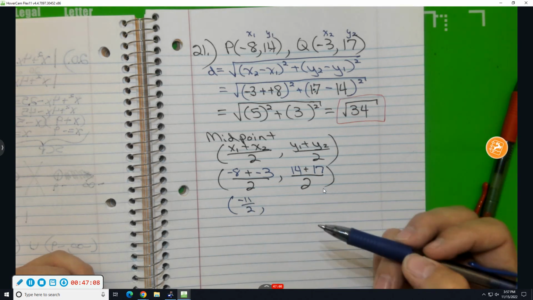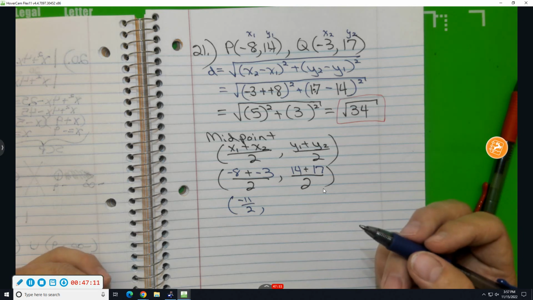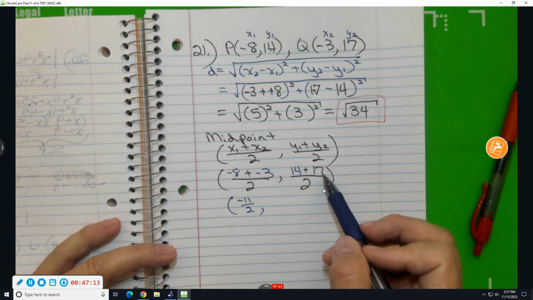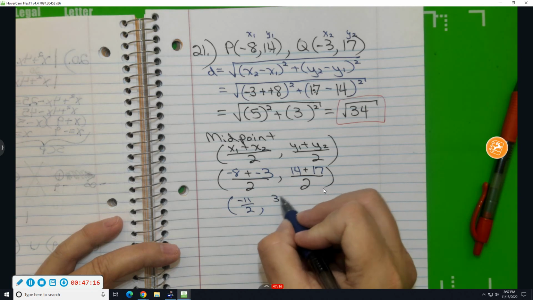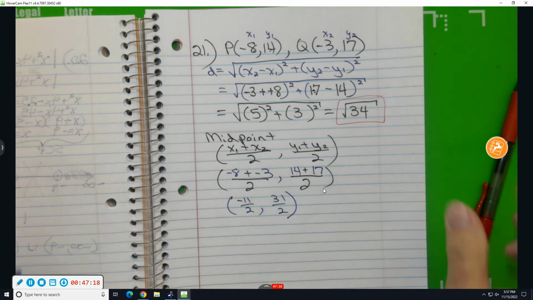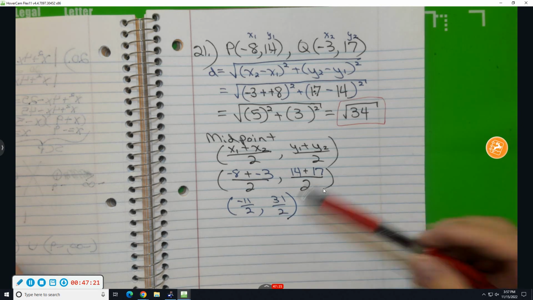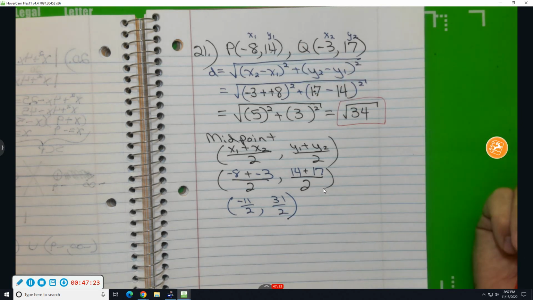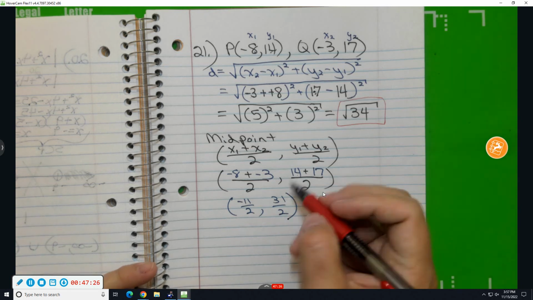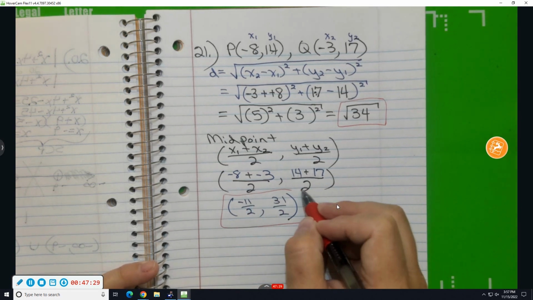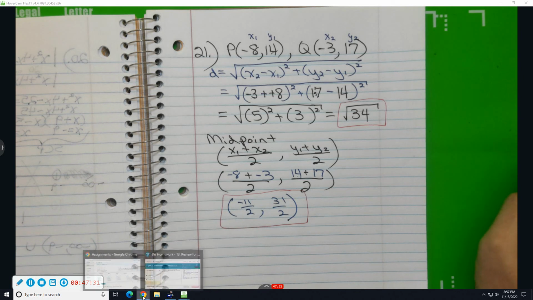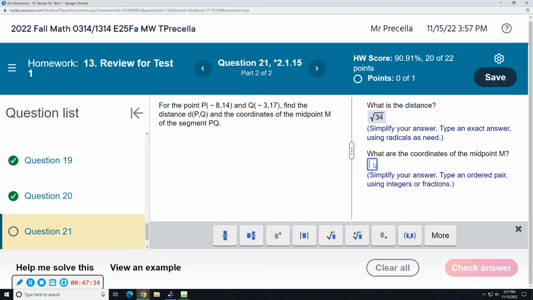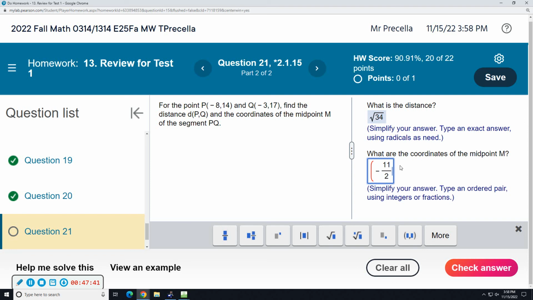What number is midway between the given x values? 14 plus 17, that's 31 halves. 31 halves is midway between 14 and 17 on the y-axis for my final answer. Let's see. 31 halves.